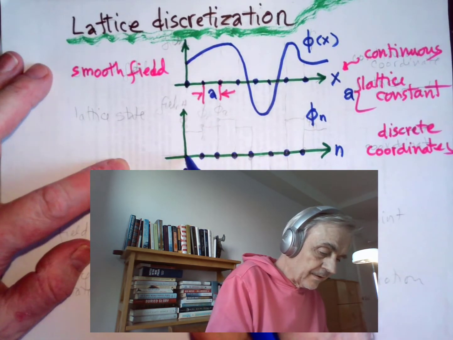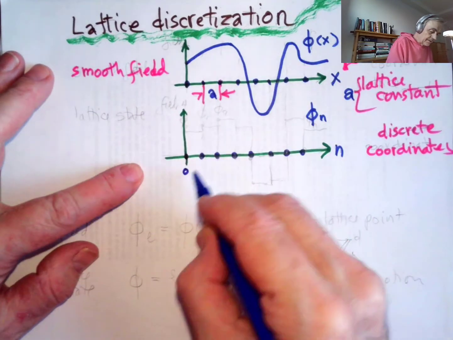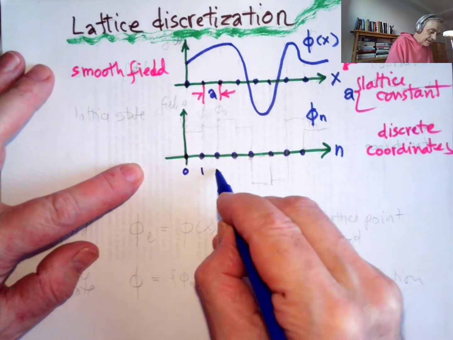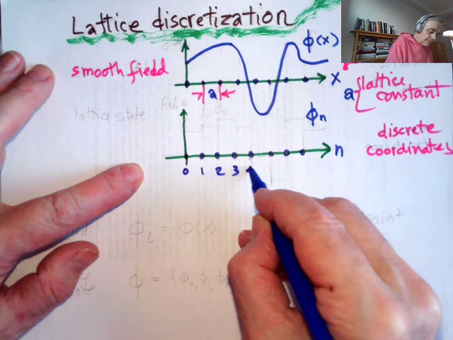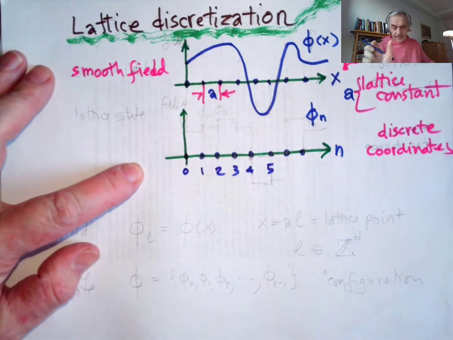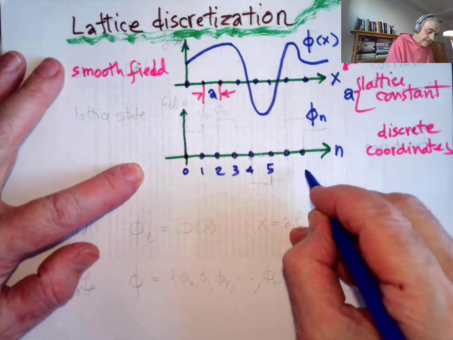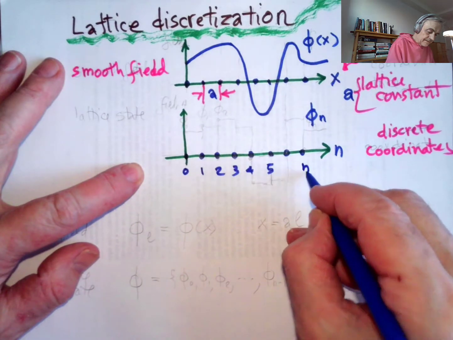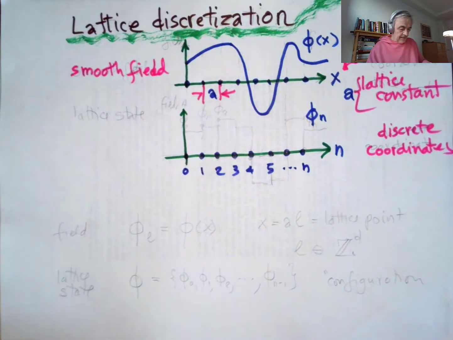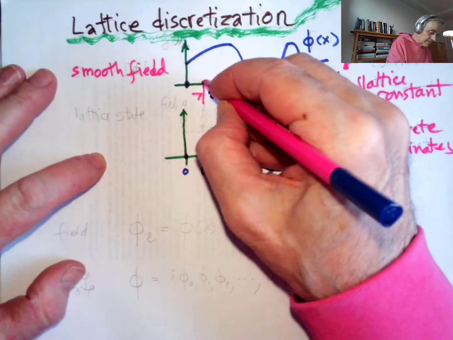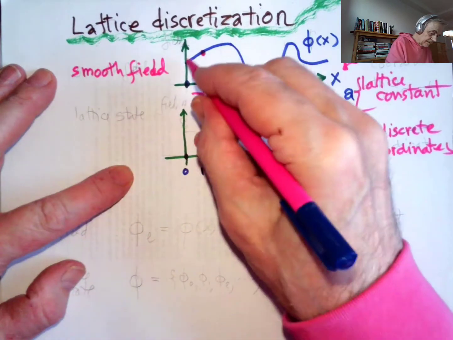There is a first point, second point, third point, fourth point, all spaced by lattice constant a, nth point. And at each point, you read off the value of the field. So here we are.